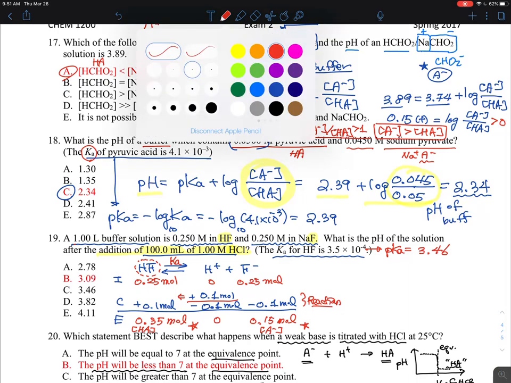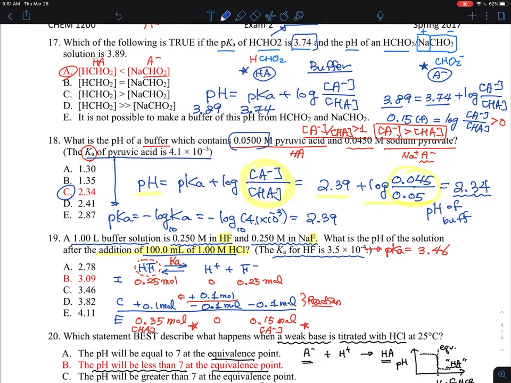Then let's calculate the pH. pH is pKa 3.46 plus log of A minus, which is 0.15, over 0.35. That essentially boils down to this, and you will get 3.09 as your pH for this scenario.